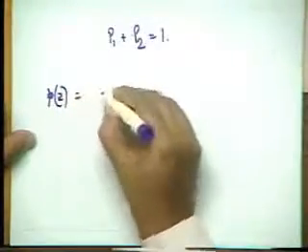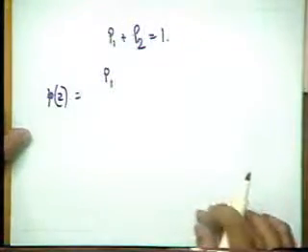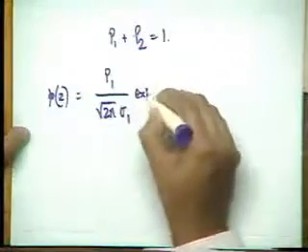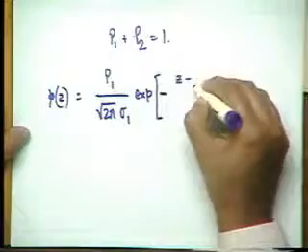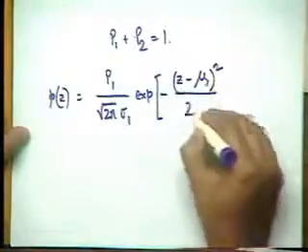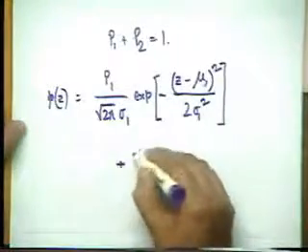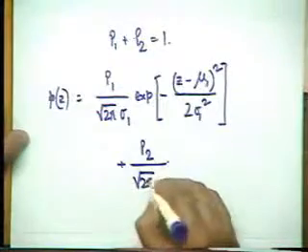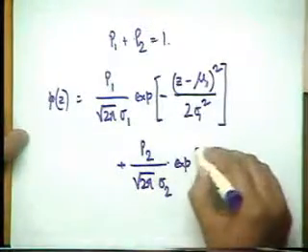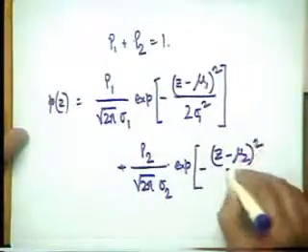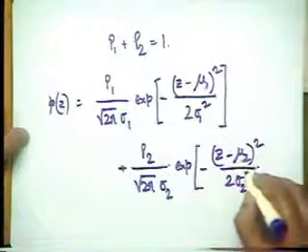If we choose Gaussian probability density functions, then we can write Pz in this form: capital P1 multiplied by p1(z), where p1(z) is 1 over root 2 pi sigma 1 times exponential to the power minus (z minus mu 1) square divided by 2 sigma 1 square, plus P2 times 1 over root 2 pi sigma 2 times exponential to the power minus (z minus mu 2) square divided by 2 sigma 2 square.